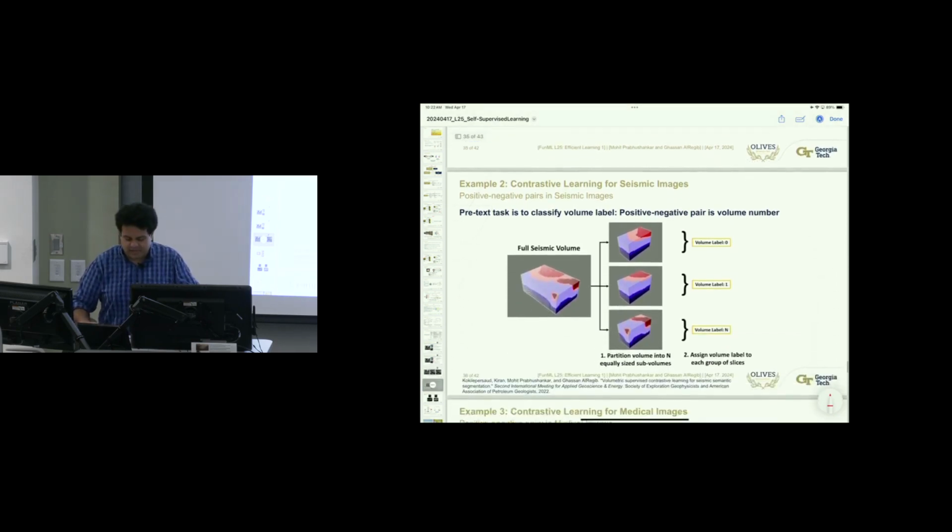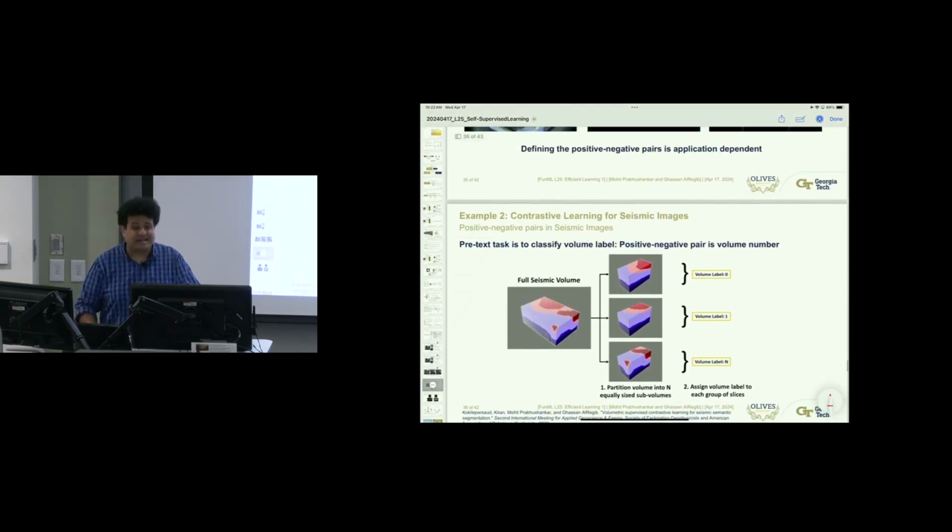Some of you have worked with seismic examples in your project. It's a notoriously very hard kind of image to work with, essentially. It's very hard to get the kind of results that you're hoping to get. In that case also, you need some kind of a pretext task. Usually what happens is that when you have this kind of full seismic volume, generally this is 100 kilometers by 100 kilometers.